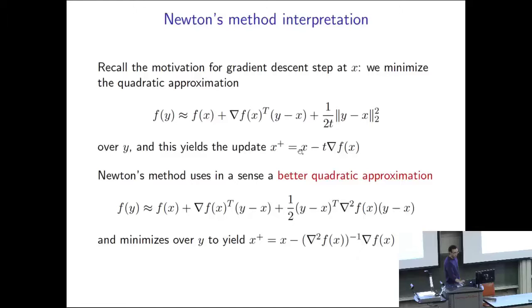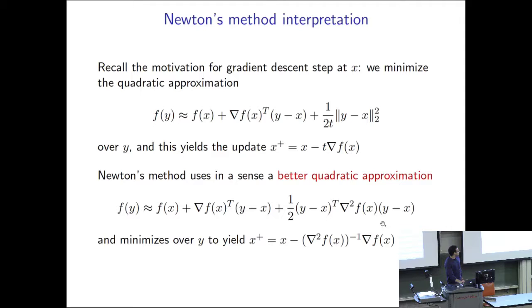It turns out that minimizing this quadratic gives us exactly the gradient descent update, just x minus t grad f of x. Newton's method, in a sense, starts off at the same point, but uses just a better quadratic approximation. This really does not reflect any of the problem geometry. This simple quadratic term is always spherically shaped, and it's just more or less curved depending on t.